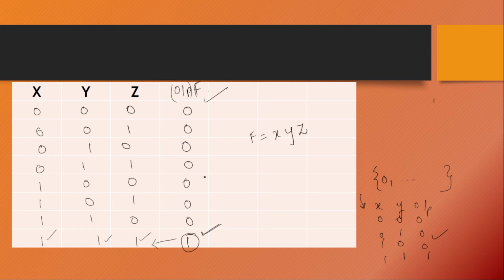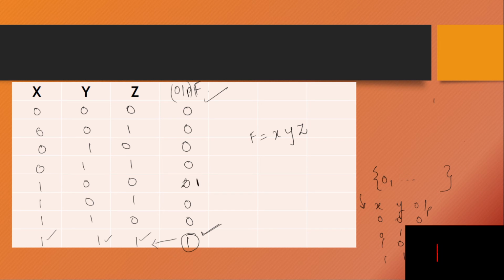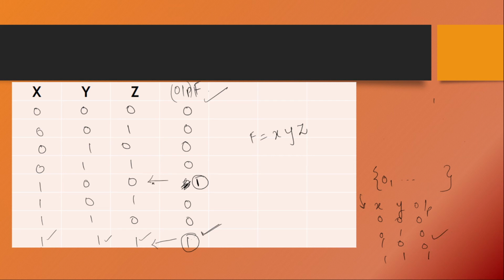Suppose, let's say, for example, you have 1 here also. So what I do, I will circle these two ones. I am having 2 rows which have 1 in the output. The first row is 100. So 100 can be represented as x, y dash, z dash, plus the second one that is activated, x, y, and z.